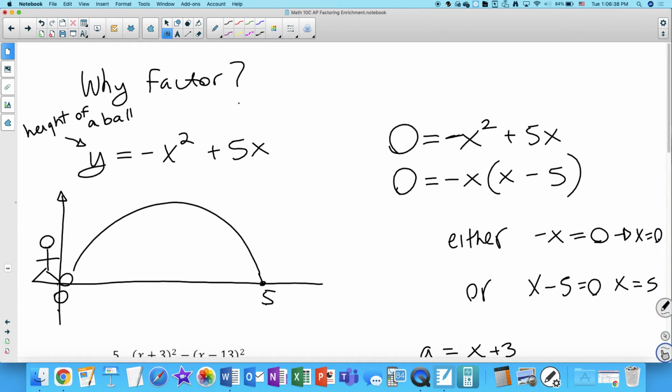But now we're putting an equal sign in there, and so we can actually solve that by factoring, particularly when one side is 0, because when one side is 0, you know that one of those factors has to be 0. It's the only way possible. If you take two non-zero numbers and multiply them together, your answer is not going to be 0. So that's one reason, and it's probably the one that you'll see the soonest.